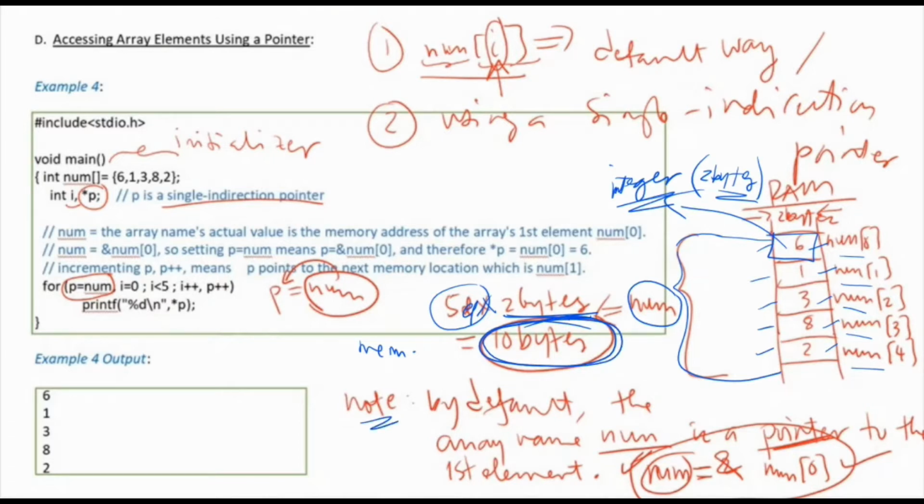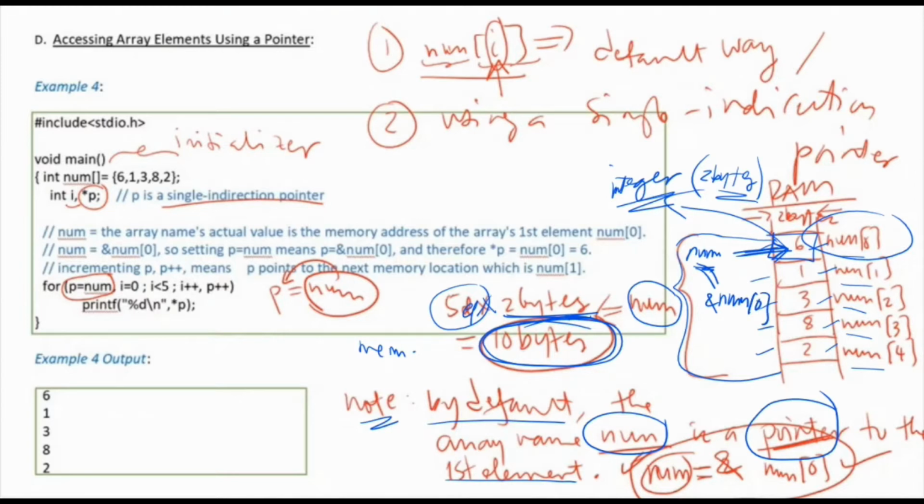And take note that by default, the array name num is a single indirection pointer to the first element, which is num0. So it's like we have here a single indirection pointer with the name num pointing at the first element. Since num, the array name, is a pointer to the first element, the actual value of num is equal to the memory address of num0.